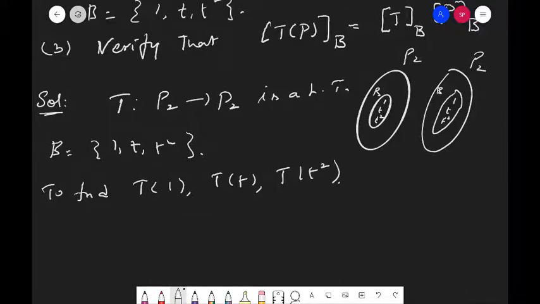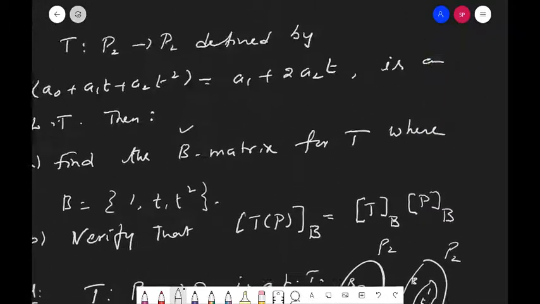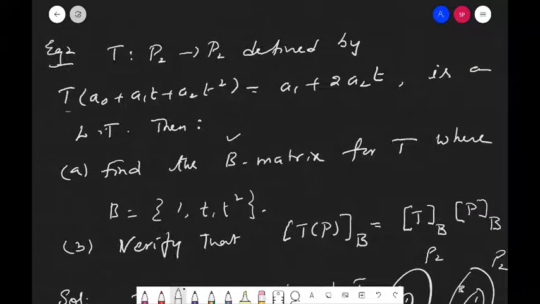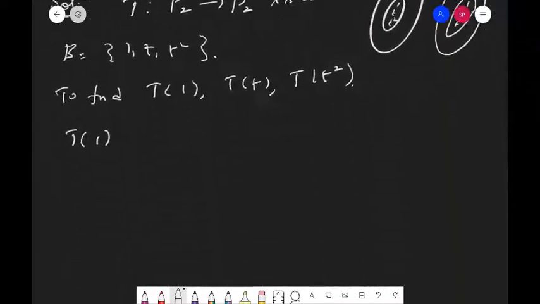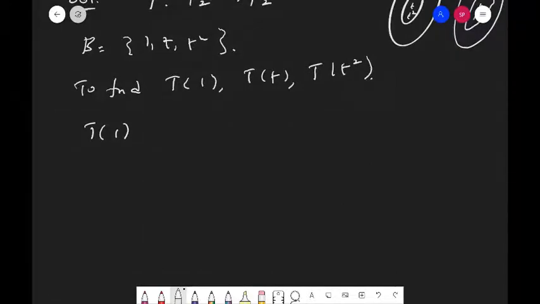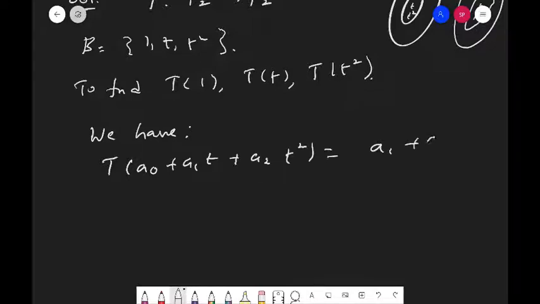So T of 1 is equal to, given the linear transformation definition, T of a0 plus a1t plus a2t squared is equal to a1 plus 2a2t. So what will T of 1 be?